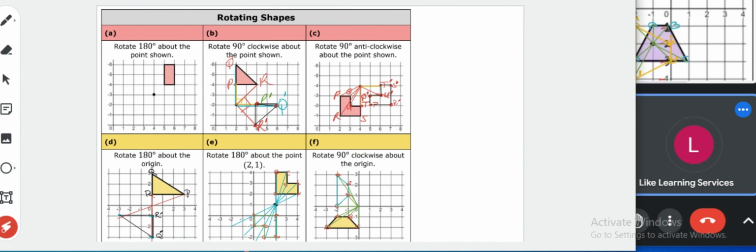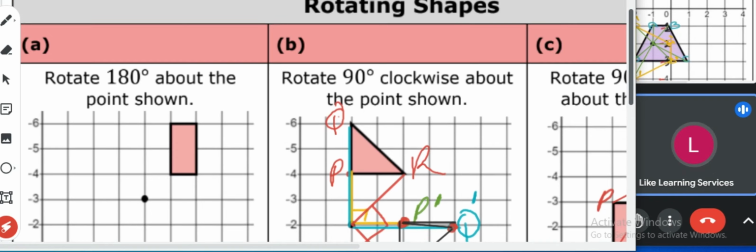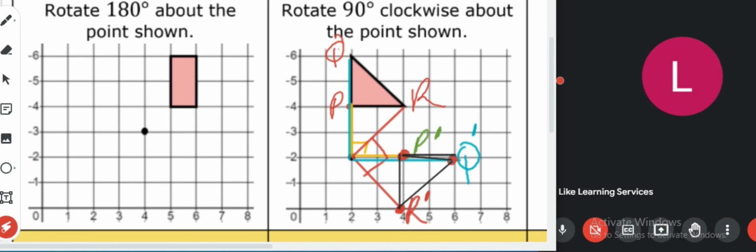All right, I think that's cool. Just remember what you did on the next page. Let me just remind you, and then we should be done with this. Now remember how we did this. This is the main shape. You labeled the corners with letters P, Q, R, and then you identified the center of rotation, which was given as this point.